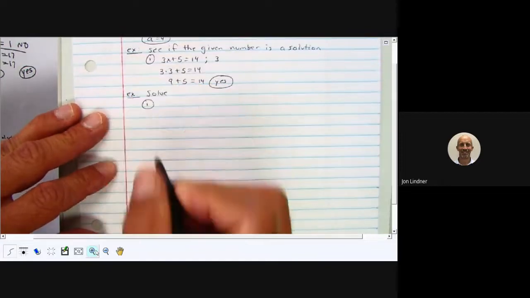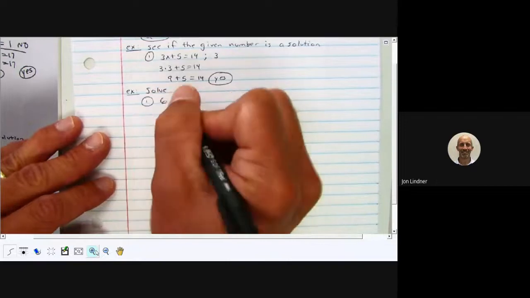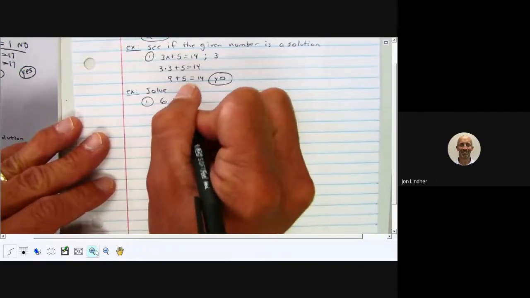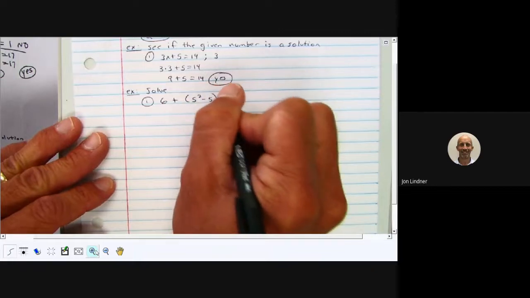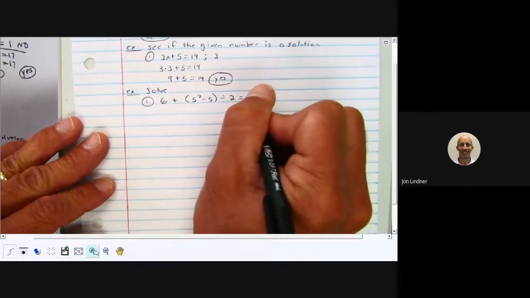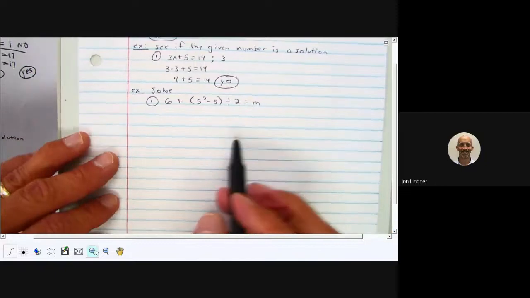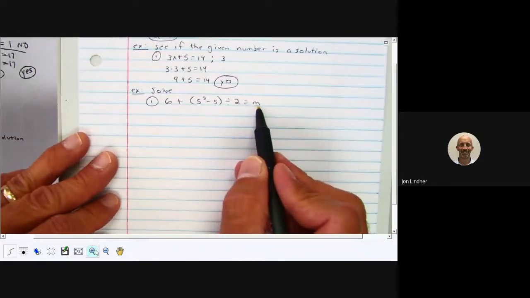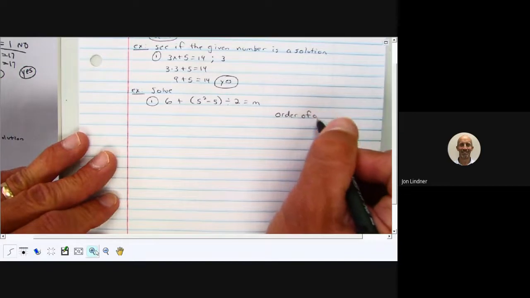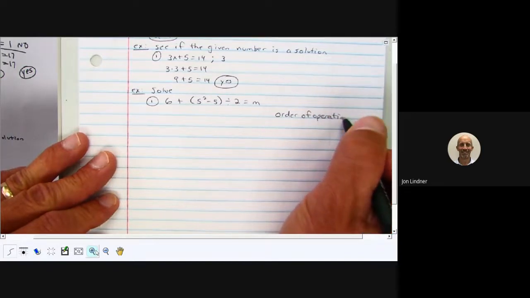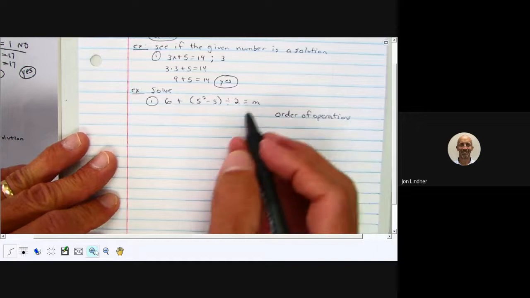And some of those might seem a little silly because they will look like this problem. And the letter M is already by itself. So this is really just follow your order of operations and it'll work out and you'll know what M is.